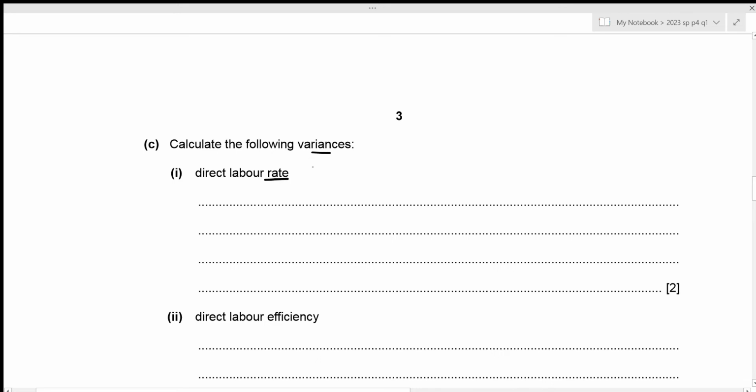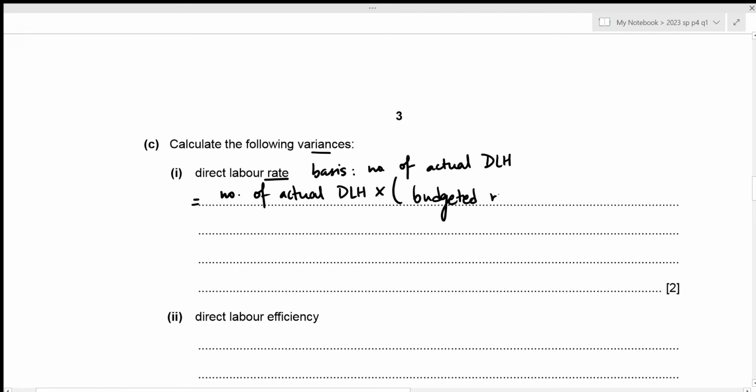So we can keep our basis constant, and we can keep our basis as the number of actual direct labor hours, which means that our direct labor rate variance is just going to be the number of actual direct labor hours times, since I said before, this is just a comparison between the budgeted and actual rate, that is just going to be the budgeted rate per hour minus the actual rate per hour.